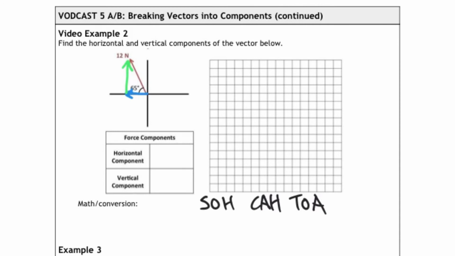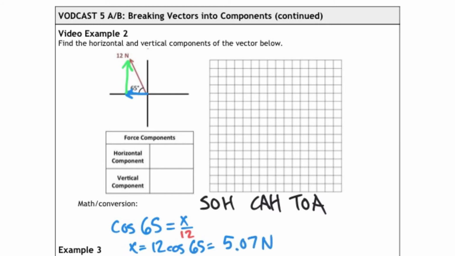Starting with the horizontal component, I'm going to use cosine because this is the adjacent side. So cosine of 65 equals x, that's what I'm trying to find, divided by the hypotenuse of 12. Plugging that into a calculator gives you 5.07 newtons. Now, since this force is to the left, I know that the component has to be negative.